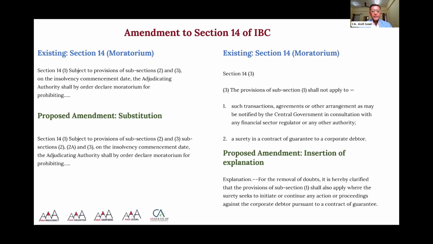The amendment is by way of an explanation, which says that for the removal of doubts, it is hereby clarified that the provisions of sub-section 1, that means the moratorium, shall also apply where the surety, meaning the guarantor, seeks to initiate or continue any action or proceedings against the corporate debtor pursuant to a contract of guarantee.